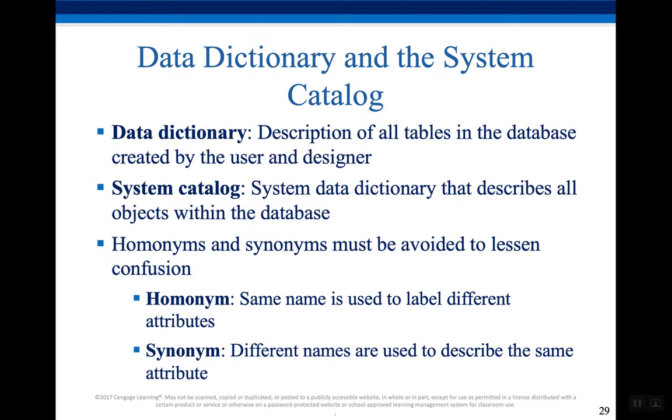Homonyms and synonyms must be avoided to lessen confusion. You want to be consistent and unique in your naming, because otherwise, if you start calling the same item different things, or different items the same thing, very quickly you won't know which way is up.